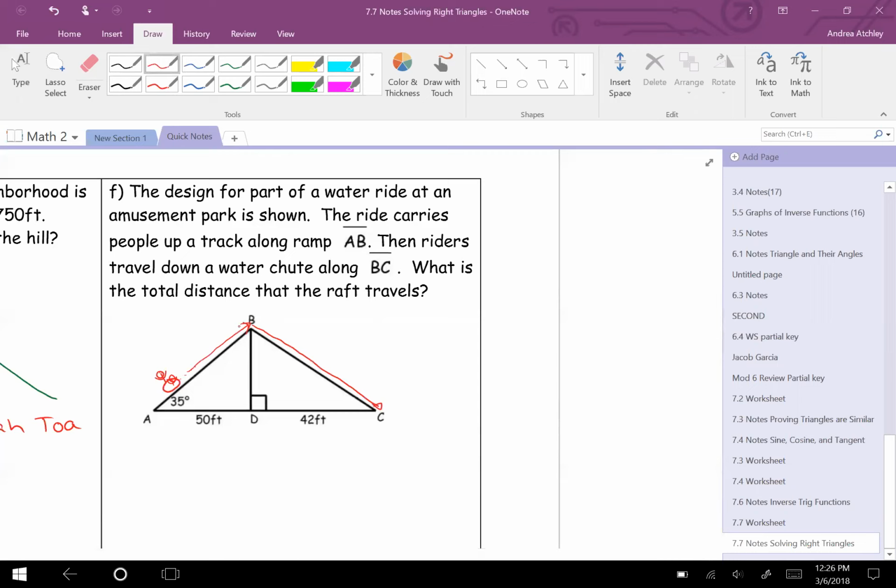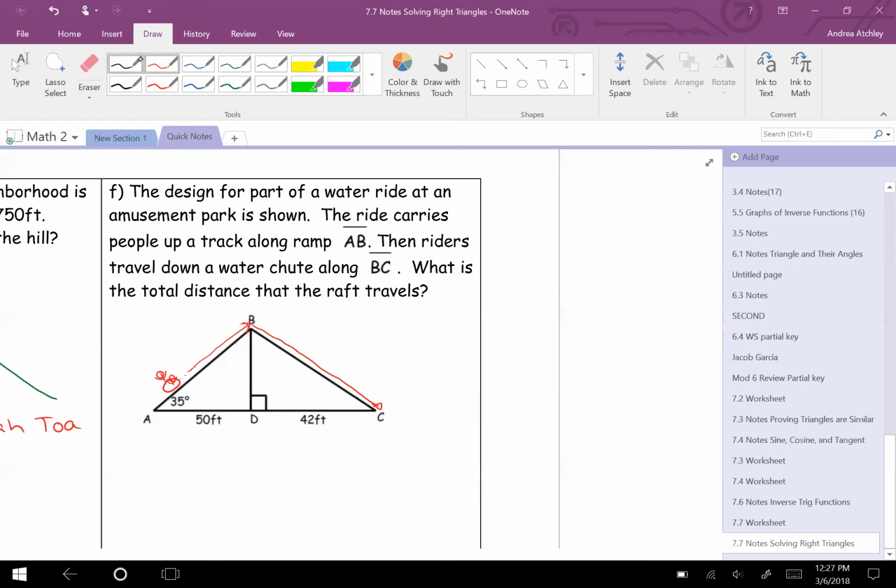Okay, any ideas on how we're going to start this problem? What would be the easiest thing to find to begin with? Do I have the Pythagorean theorem though? I only have one side. Yes, but I don't need an angle, right? I need length of sides in this case. Yes.